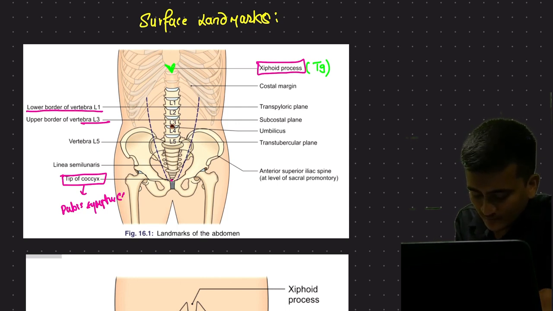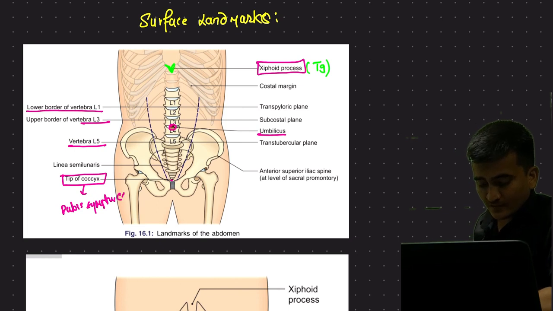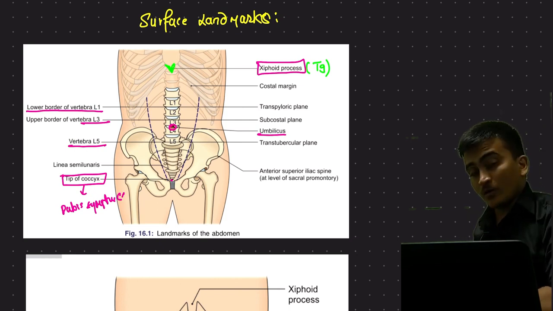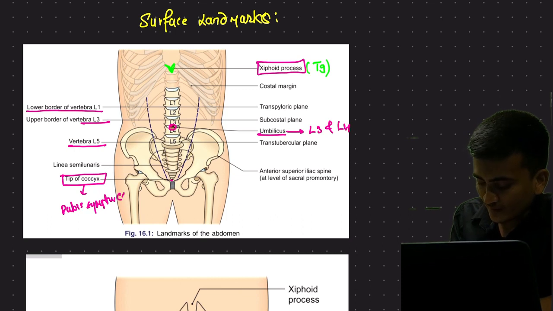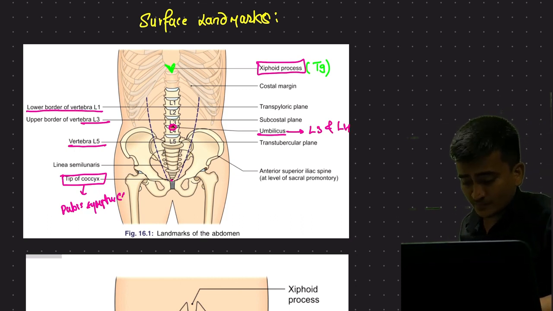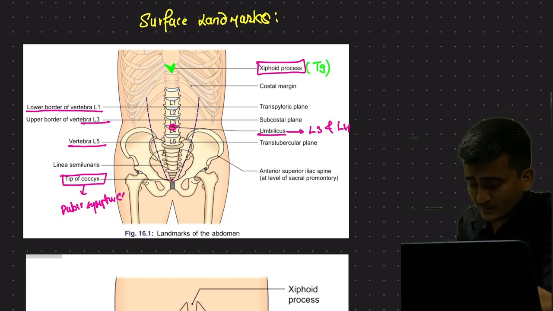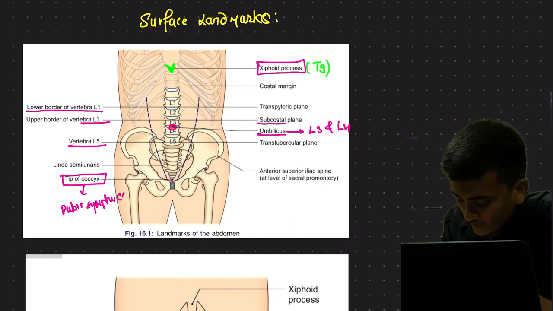Let us move forward. We can see here the vertebra L5 level, and here in the center we will find the umbilicus, right? And we studied earlier, in the abdominal planes, that the umbilicus lies between the L3 and L4 level. And similarly here is the mention of the subcostal plane.